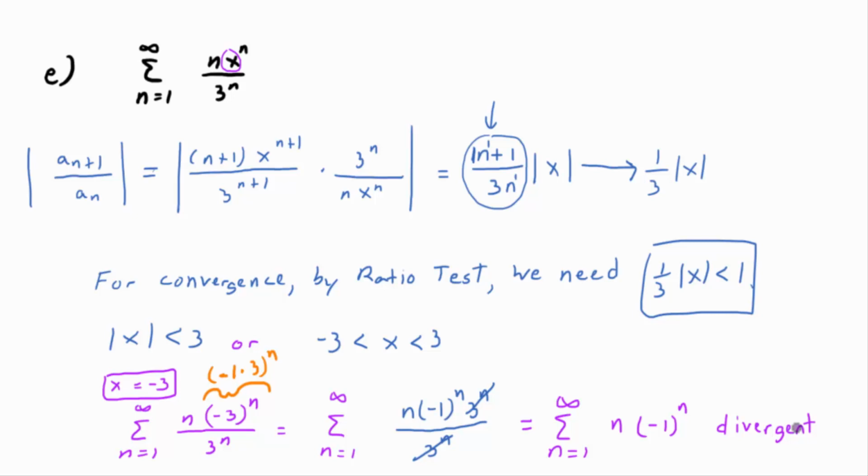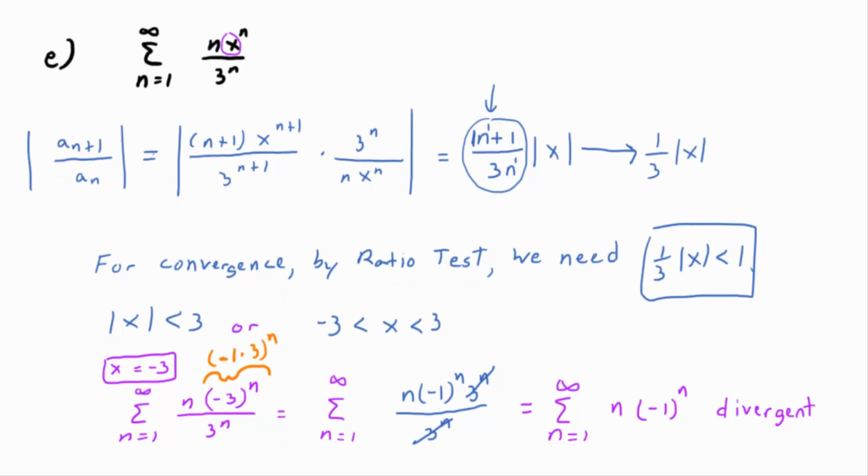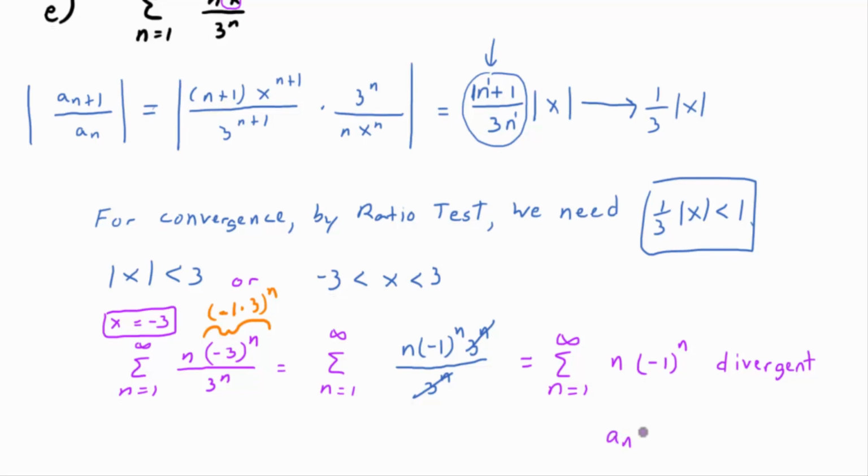We can't even say the sum is infinity or negative infinity. It's neither one. We just say it doesn't have a sum. But certainly the nth term test works here, right? Hopefully it's obvious that a_n does not converge to 0. I'll just put that parenthetically since I already said it's divergent. So are we going to include x equals -3? No.